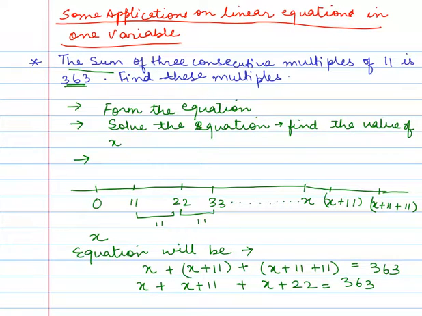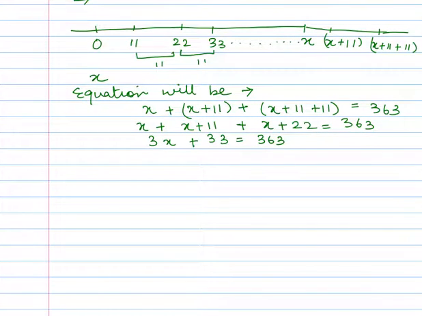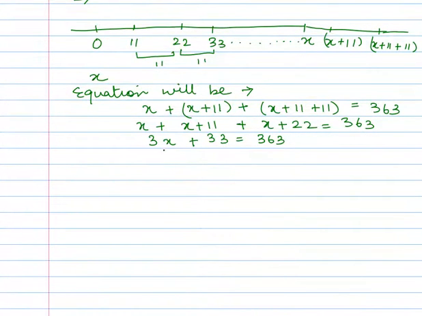So x plus x plus x is 3 times x. So 3x plus 11 plus 22, and 11 plus 22 will be equal to 33. This is equal to 363. So see, we have formed the equation.